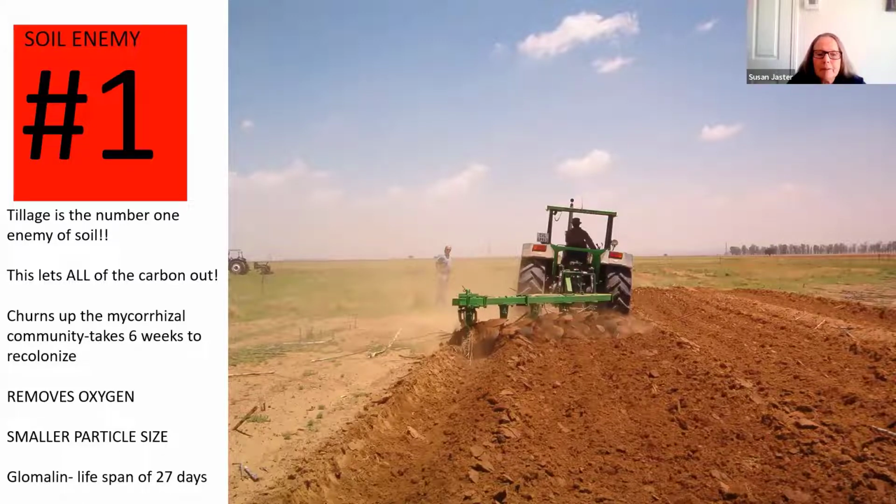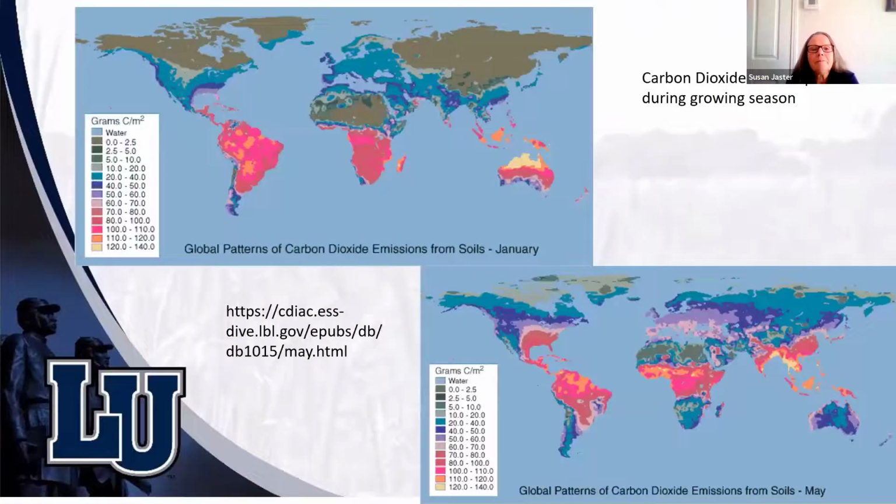And that is what feeds the mycorrhizal fungi. So basically, when you turn up all those roots, you're killing off your glomalin supply, which is what feeds the mycorrhizae and helps keep all the bacteria and other fungi in balance. And you don't have any oxygen here. So that's the tough part about heavy tillage.